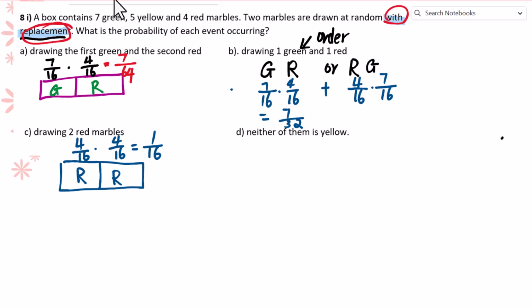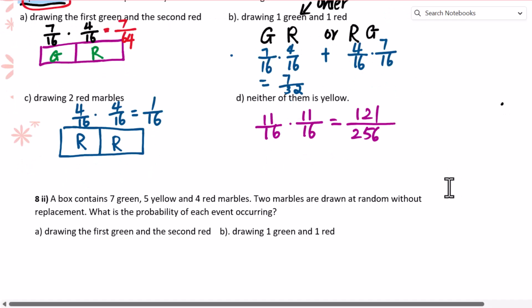D. Neither of them is yellow. Not yellow for the first one, 11 over 16. Not yellow for the second one, 11 over 16. So we get 121 over 256.